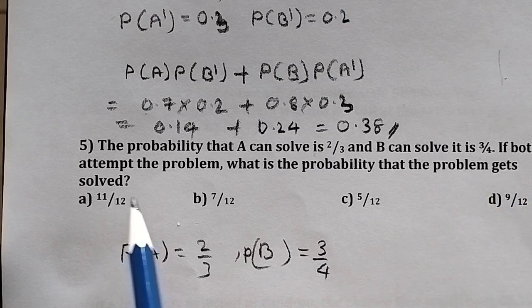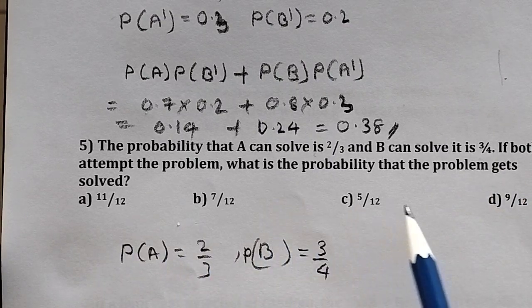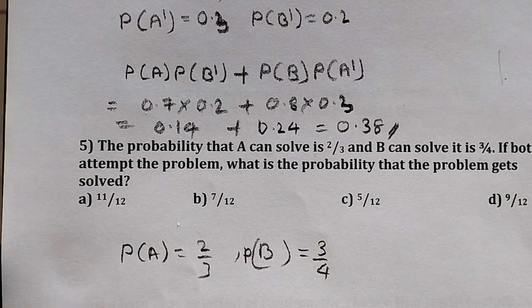If both attempted the problem, what is the probability that the problem gets solved? The problem getting solved can be understood as the problem getting solved by at least one of those two. That is what we need to understand.